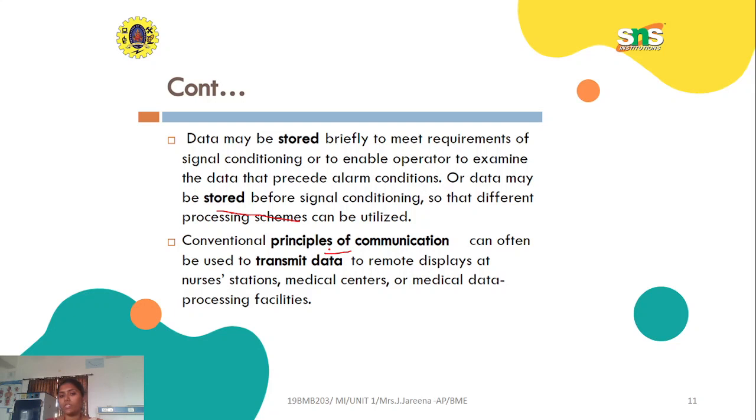If you want to transmit the data from one place to another, we can transmit it, so that remote monitoring is made possible to a nurse station or medical centers, or you want to do some processing for future purposes. So for those features we can have auxiliary components like storage and transmission. Yes, thank you.